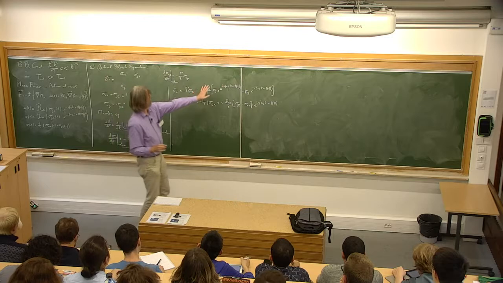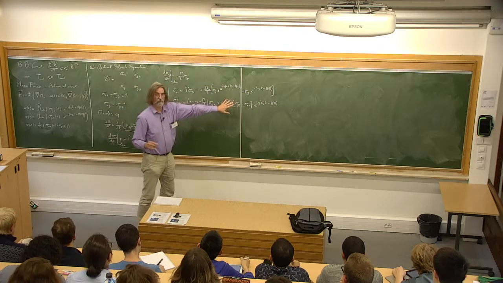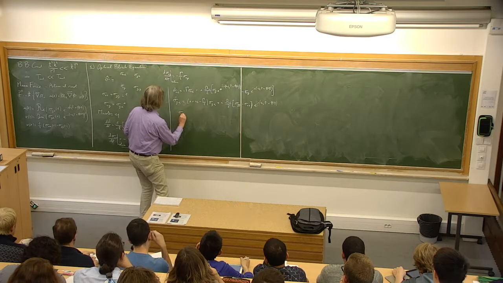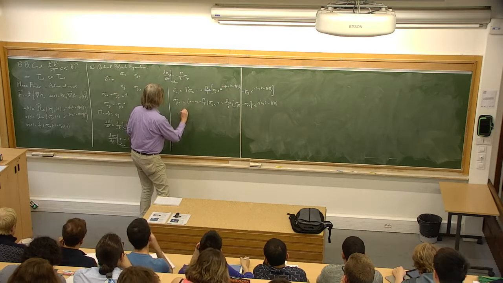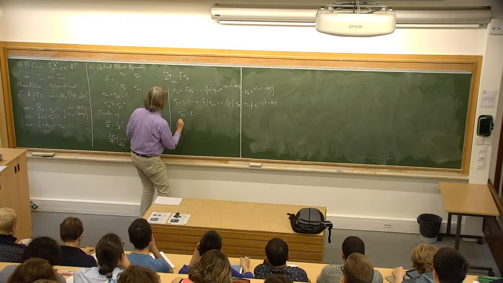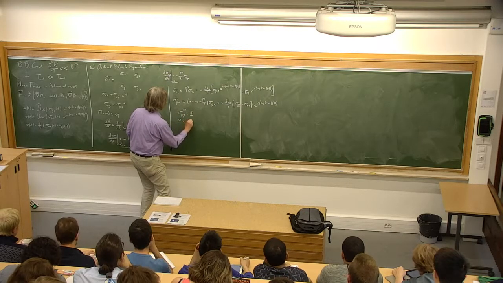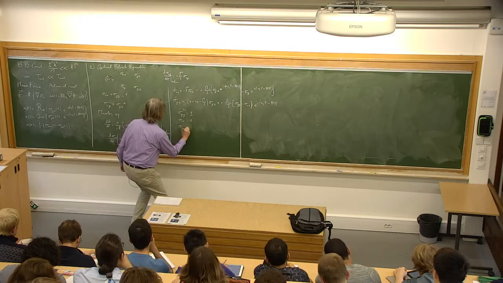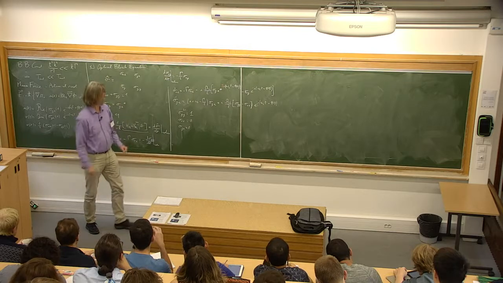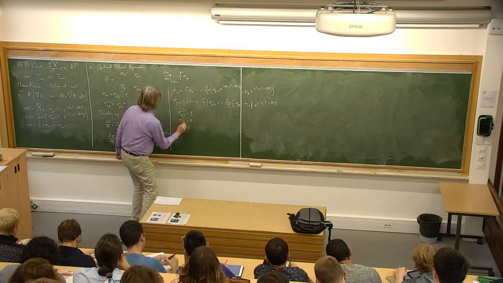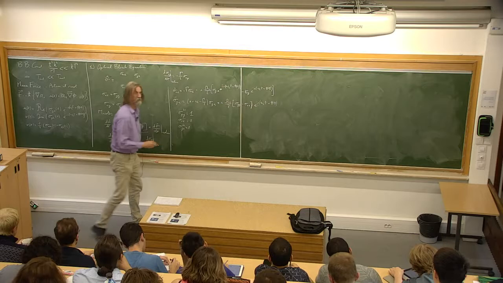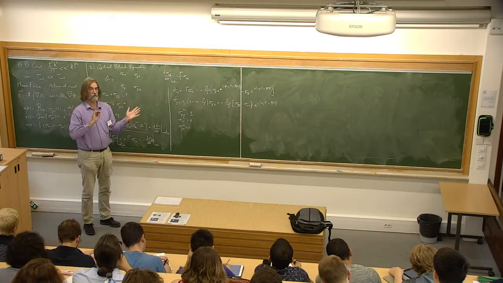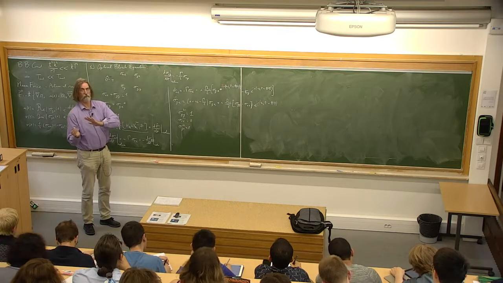So if you do not have any field, then the solution is trivial. You have all the population in the ground state, which is sigma GG equal 1. You have no population in the excited state, and the coherence is 0 also. So this is a very simple way to make the calculation and to see the effect of the non-resonant term with respect to the resonant one.